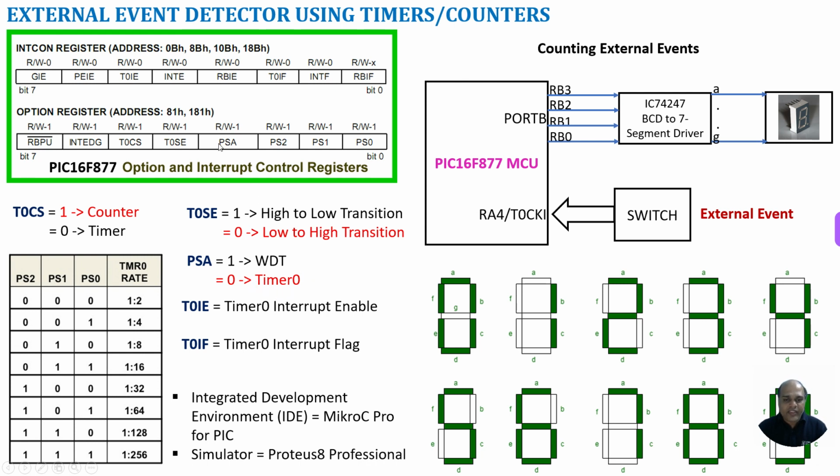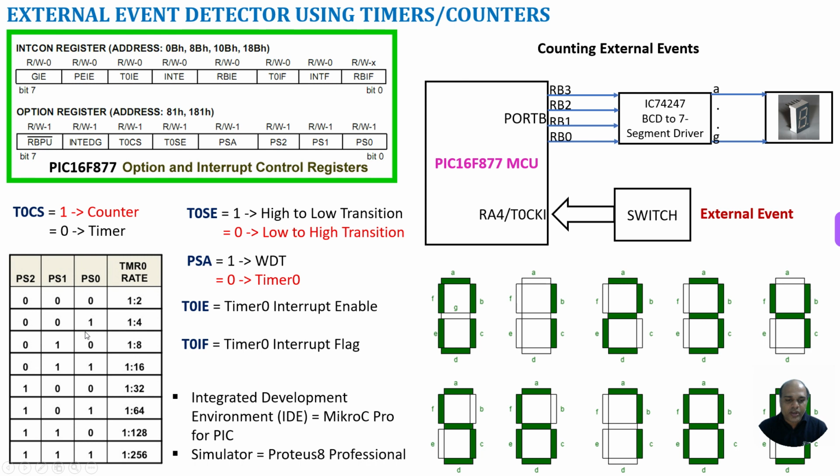So if I assign it to timer 0, then I can change the rate by setting PS2, PS1, PS0. Since 3 bits are there, 8 combinations are available. By setting a proper value, for example, if I put 0, 0, 0 for PS2 to PS0, then it is at a 1:2 rate. 1:2 in the sense that for every second event, an incrementation of the timer register will happen.